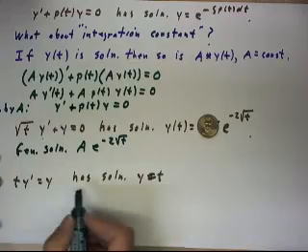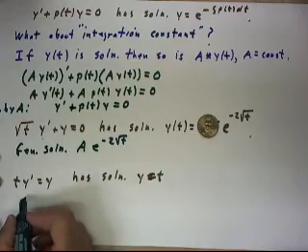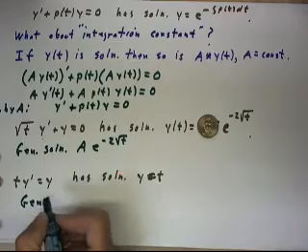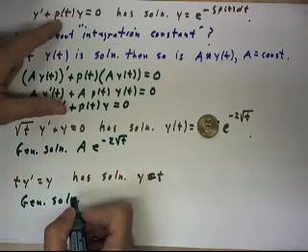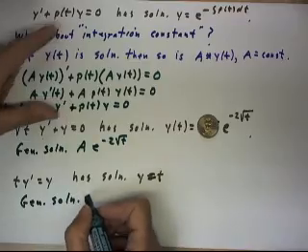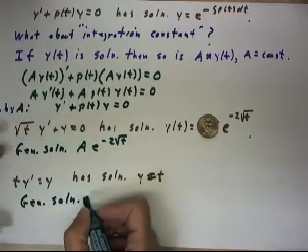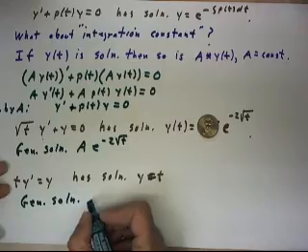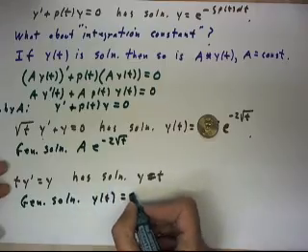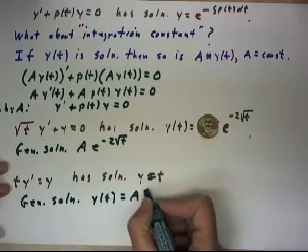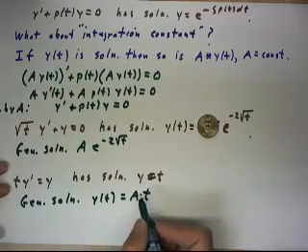Similarly, this equation had solution y equals t. It's of the form y prime plus p of t y equals 0, if we simply rearrange it. So its general solution is y of t equals a times this function, y of t equals a times t.